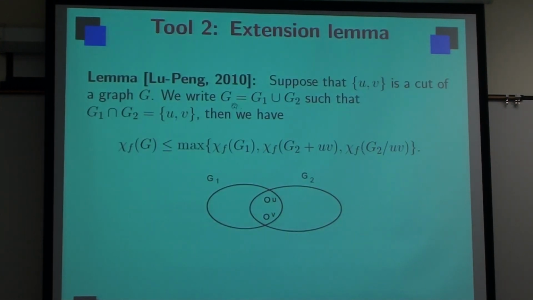Okay? So one tool is what's called the expansion lemma. If you have two parts, G1 and G2, they join by 2 edges, 2 vertices, and the fractional number is bounded by this. So G1 here, but G2 plus 1 plus UV means you add 1 edge UV, and you divide by UV, you contract UV. And so all you need to do is the information here only depends on G sub 2, okay?